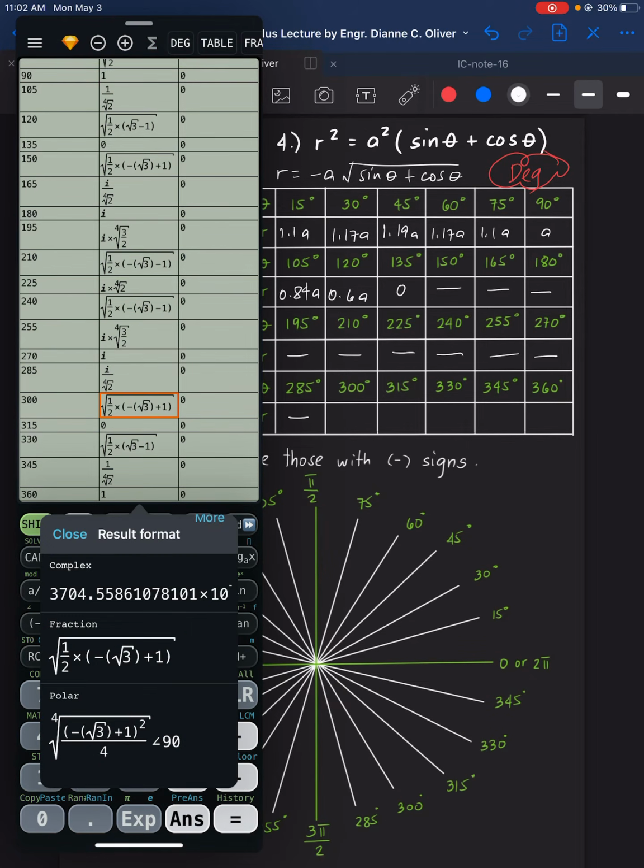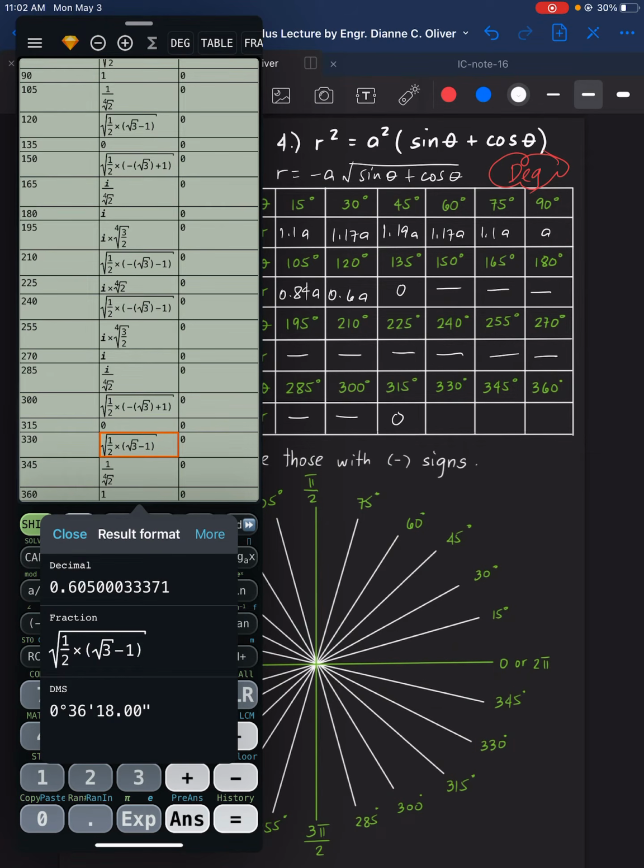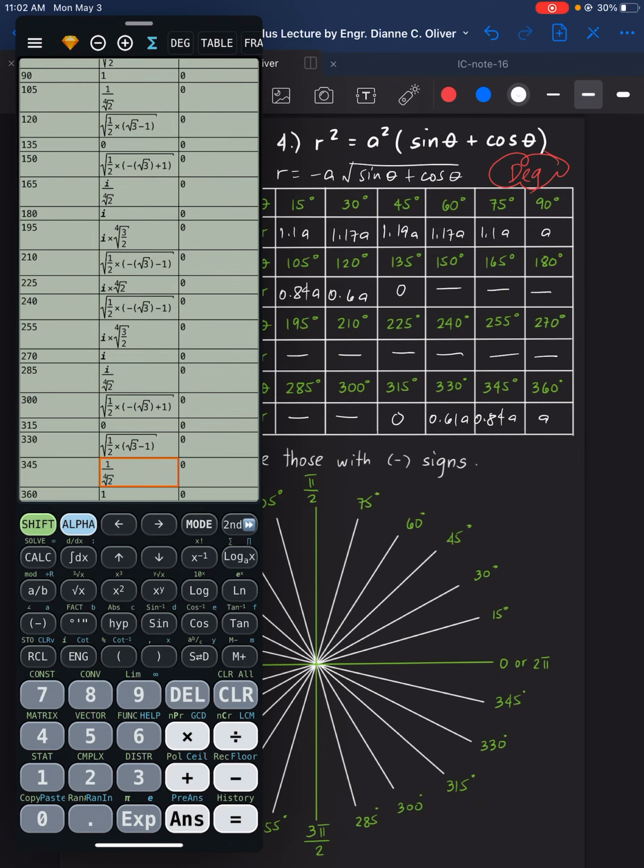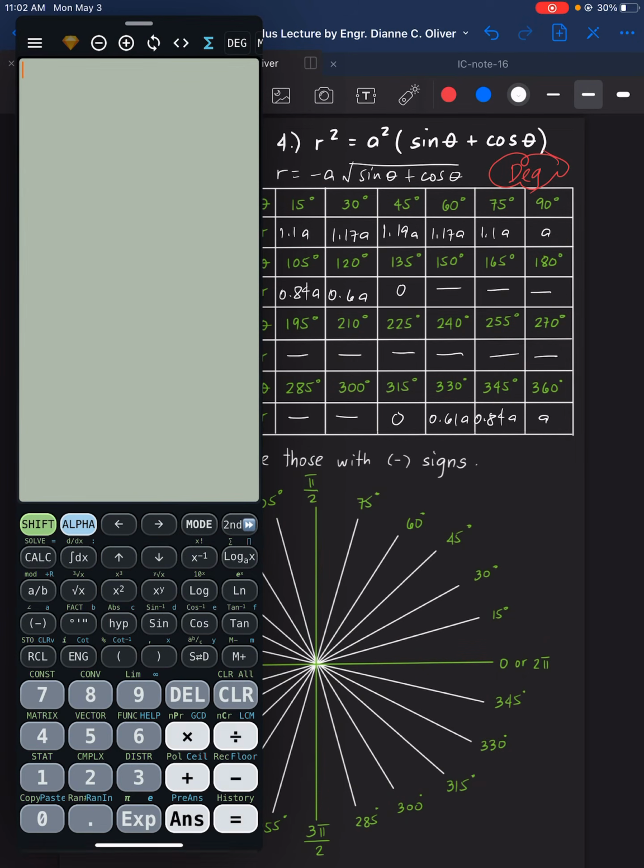Then 300, cancel that one also. 315, 330, 0.61a, 345, 0.84a, 360 is a. Then close mode math.